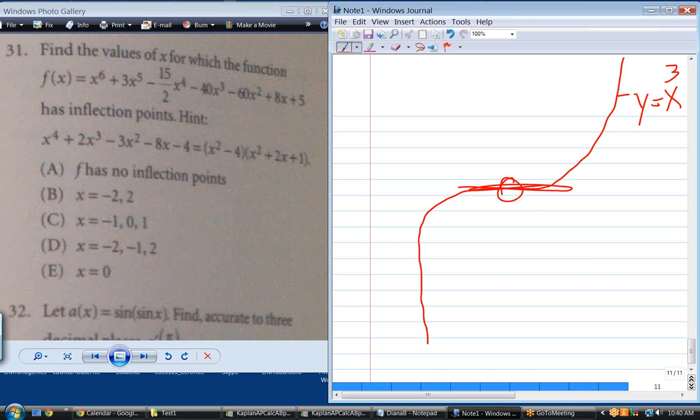And that is neither a min or a max. So it's not always the case that the first derivative being equal to 0 is equal to a min or a max. And you have to apply one of two rules.